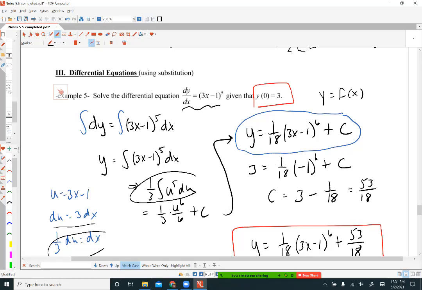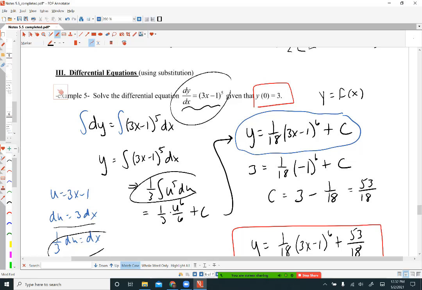There are infinitely many solutions to the differential equation y prime is equal to 3x minus 1 to the 5th, except we'll get a unique solution because there's only one where y of 0 is 3.